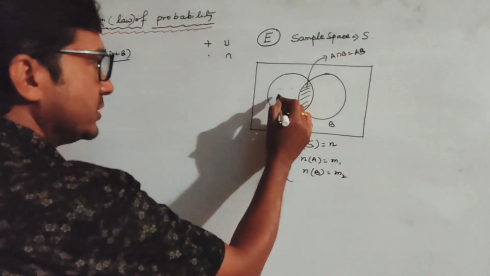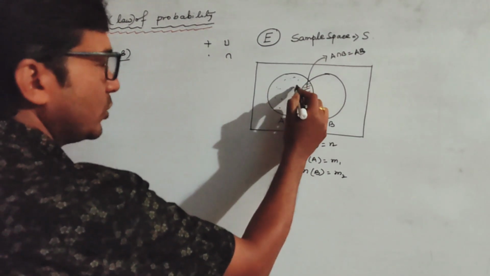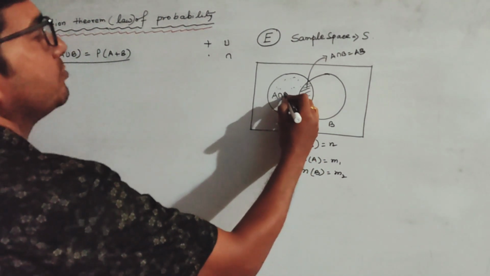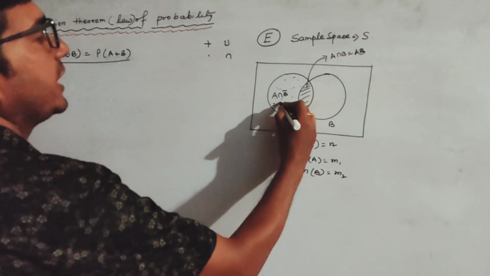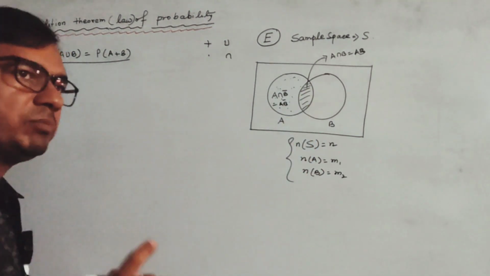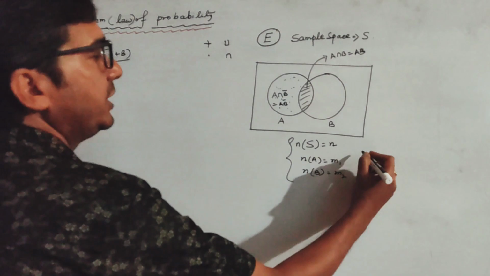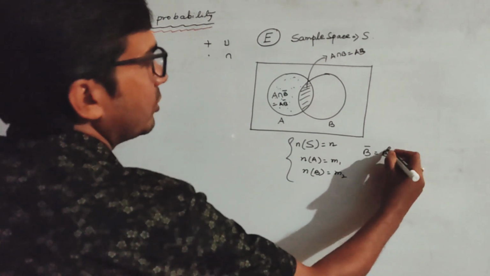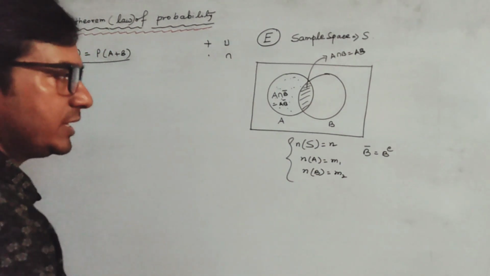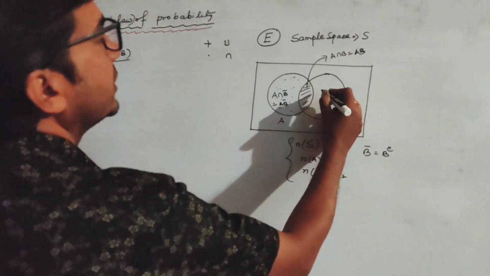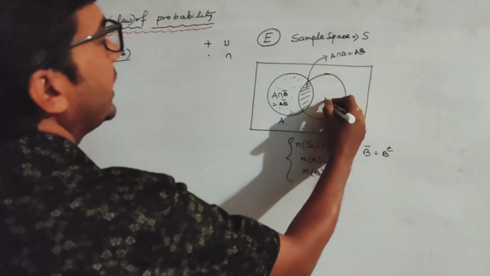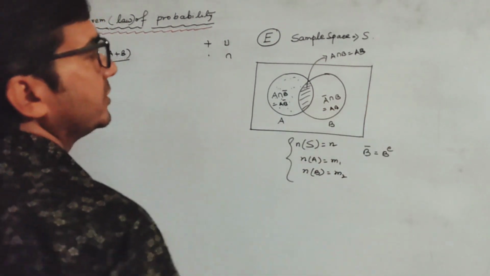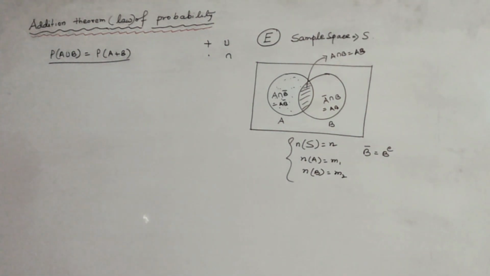And this portion is obviously A intersection B bar, or A B bar, where B bar is the complement of B. Similarly, we can write here A bar intersection B, or A bar B.